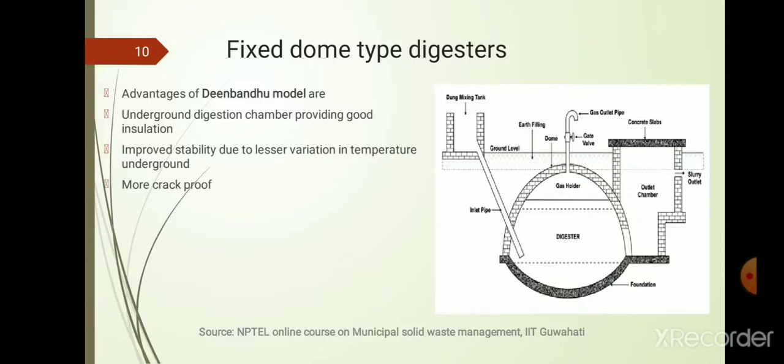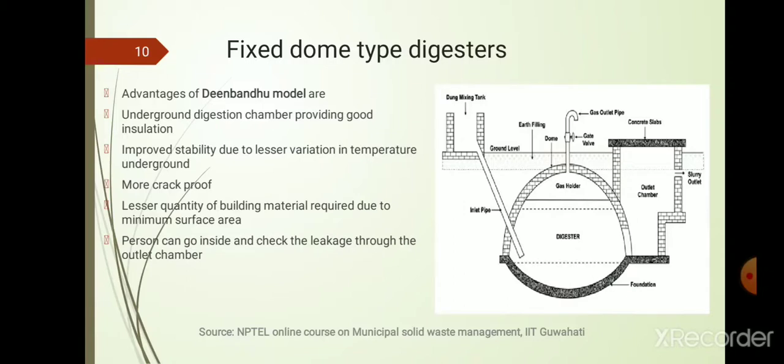And it is a more crack proof design. The leakage is very less, and as we already said, it has the minimum surface area, so building materials and installation costs, etc. will be less. Another advantage is, if you have some doubt about gas leakage, even one person can go inside this reactor through the outlet chamber.